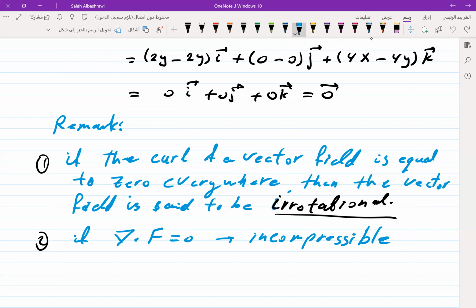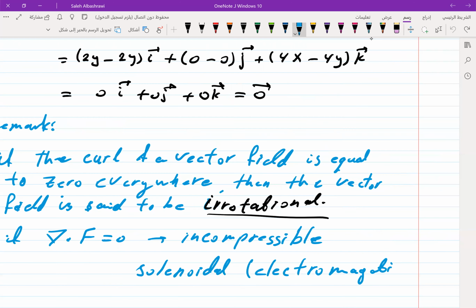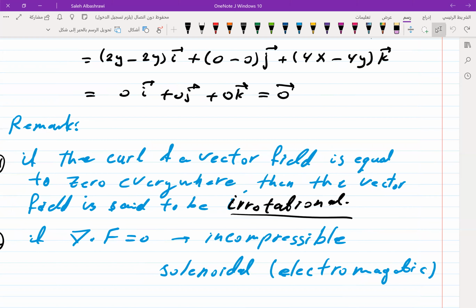This is in the electromagnetic field. So if the curl is equal to 0, we call this irrotational vector field. If the dot product nabla dot f equal to 0, it is incompressible or solenoidal vector field.